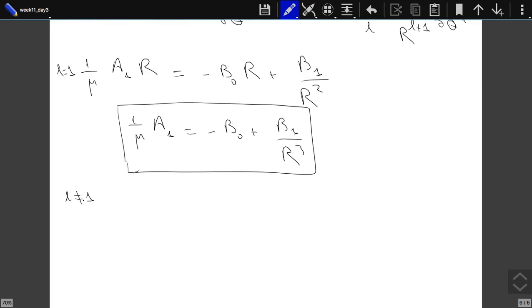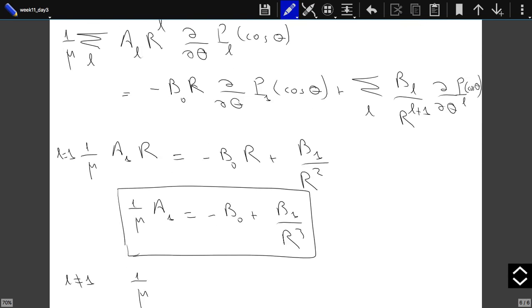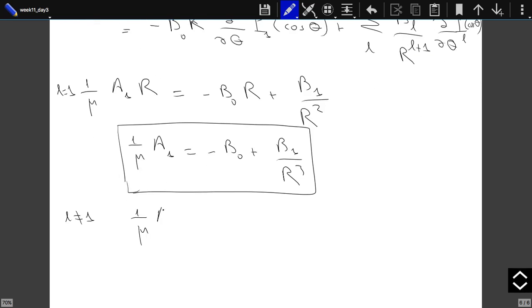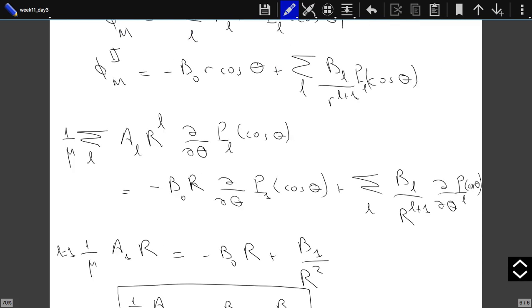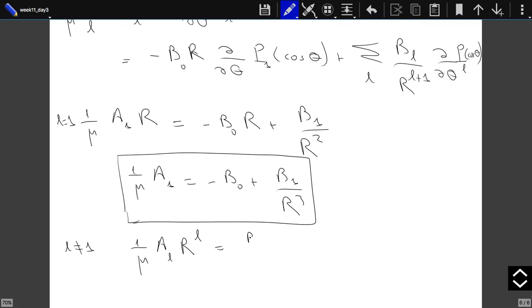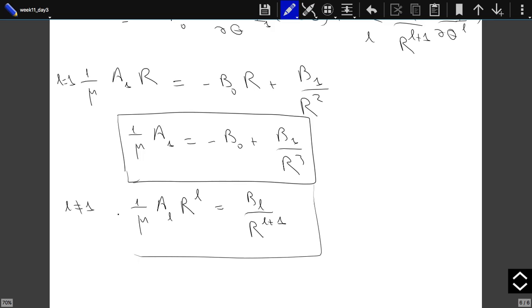And for L not equal to 1, we have 1 over mu A_L R to the L. This should be equal to plus B_L over R to the L plus 1. And this is our other set of equations relating A and B.